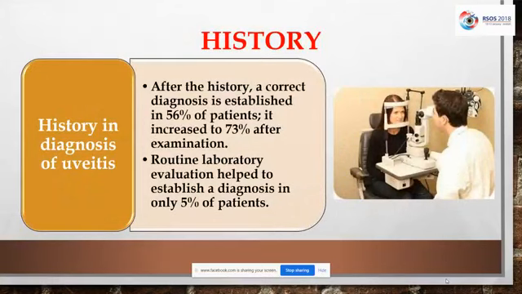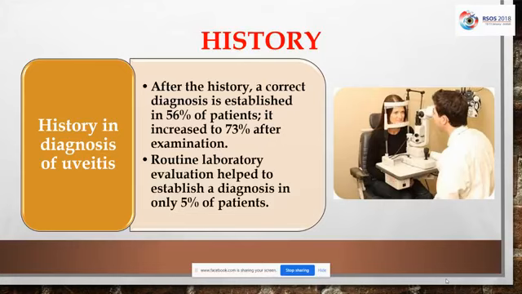The history is very important because after the history you can reach a correct diagnosis in about 56% of patients, and this percentage can be raised up to 73 if you completed your examination for those patients.